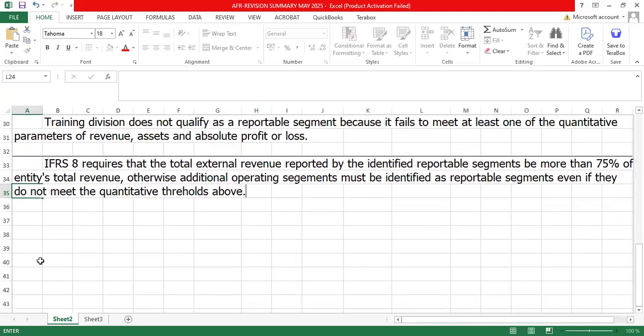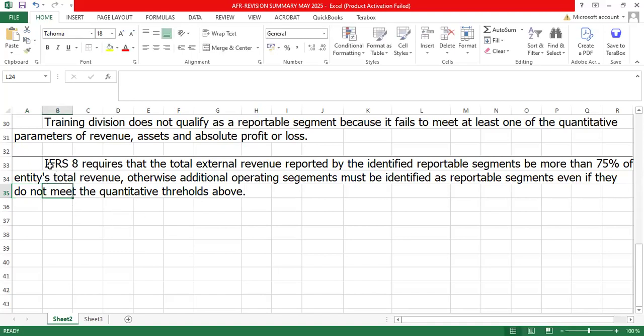Okay, this is something that you must bring in an exam. If the total external revenue of the identified reportable segments is below 75%, then the remaining segments should be aggregated and reported as a single segment.